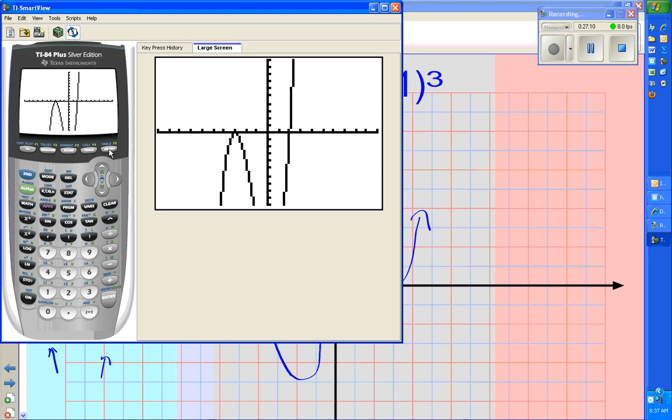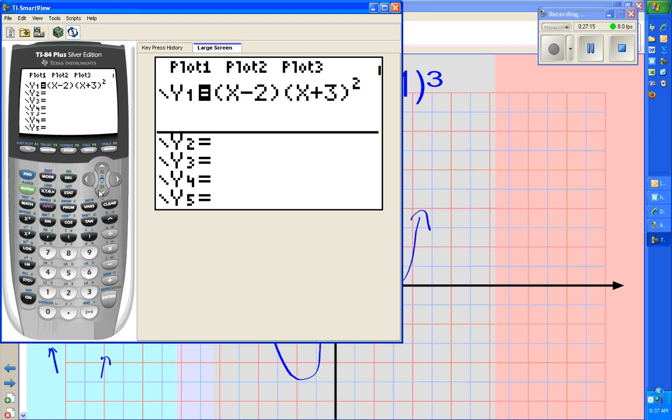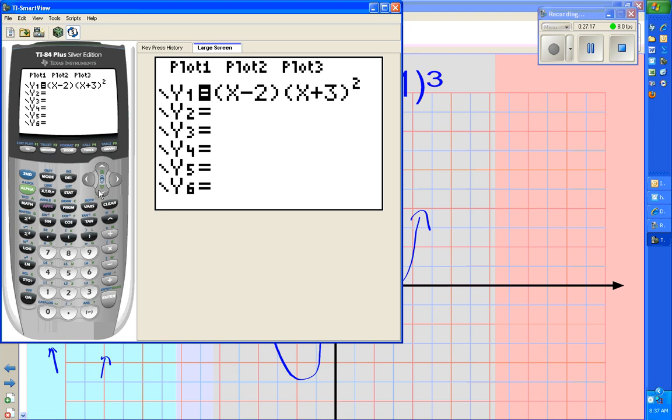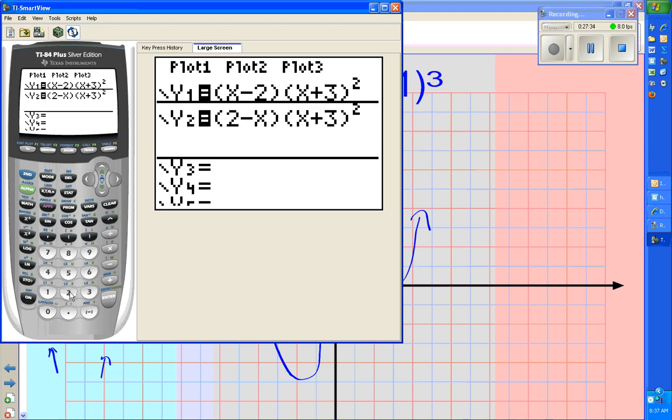All right. Now, watch what happens for this graph. For the second graph, I'm going to take the first factor and switch it to 2 minus x. But everything else is going to stay the same, x plus 3 squared. Okay?